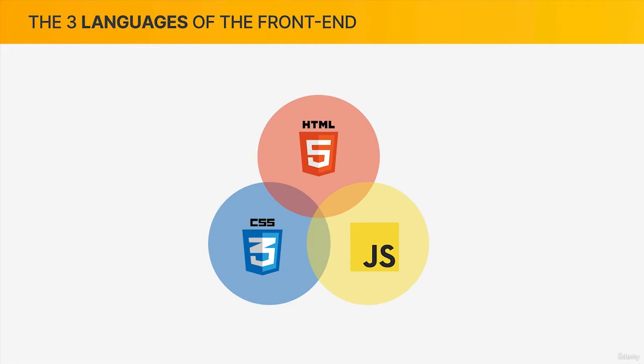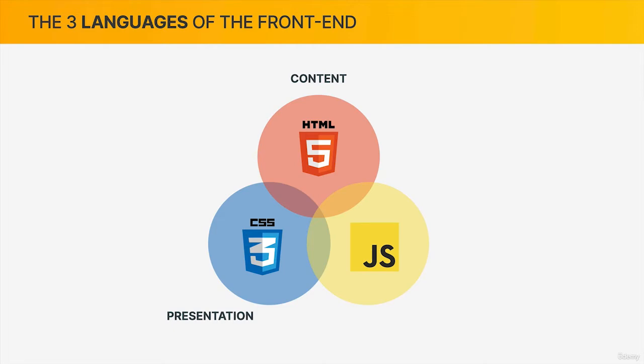And starting with HTML, HTML is responsible for the content of the page. So that's the text, the images, the buttons, and really all the content that you see on a web page is always written inside an HTML file. Then the CSS is responsible for the presentation of that content. So basically for styling and for laying out the elements on the web page.